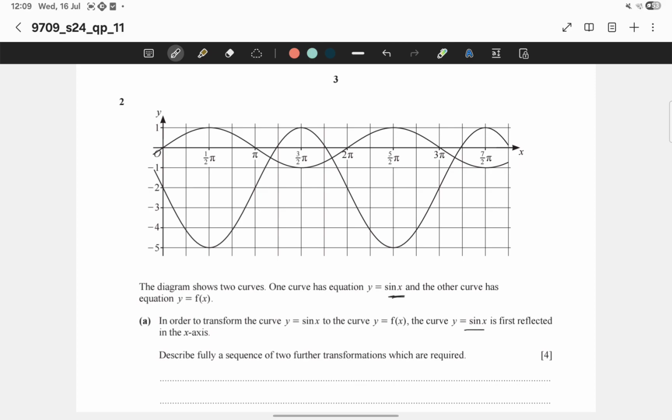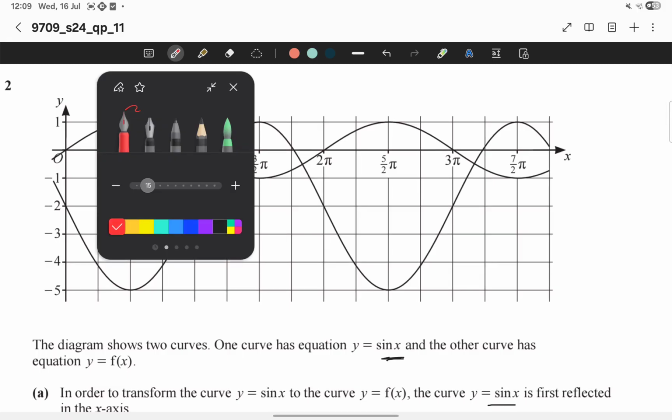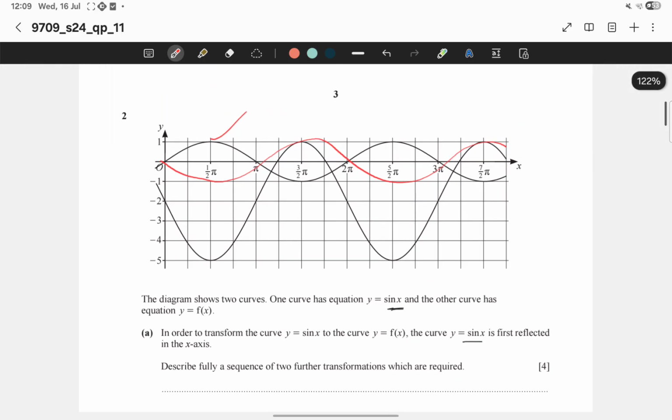So we're reflecting this in the x-axis to get something like, let me use a different color, something like this, right? That's what we get after reflecting this graph in the x-axis, right?